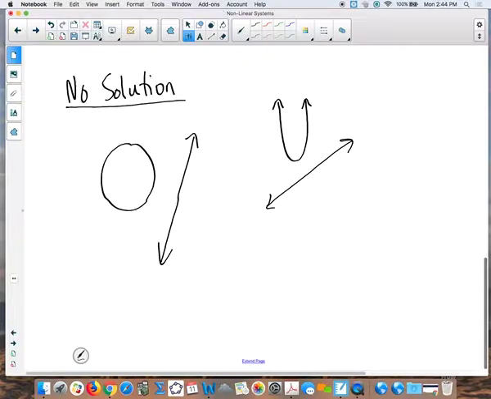Now, as you're solving algebraically, what I want you to keep in mind is that we are working with quadratics, and because of that, you want to make sure that all of your solutions must be real. We are solving over the real number system since these systems are really graphs.